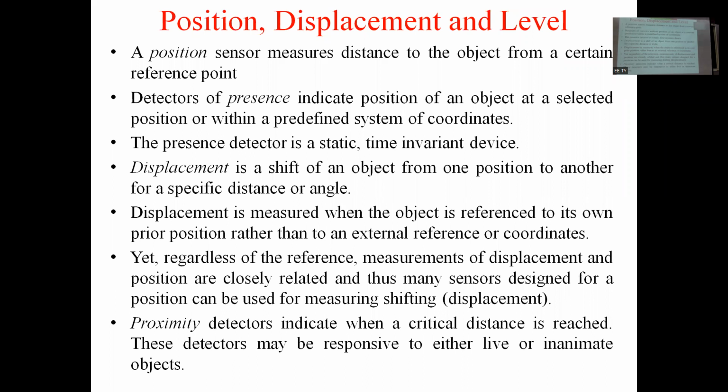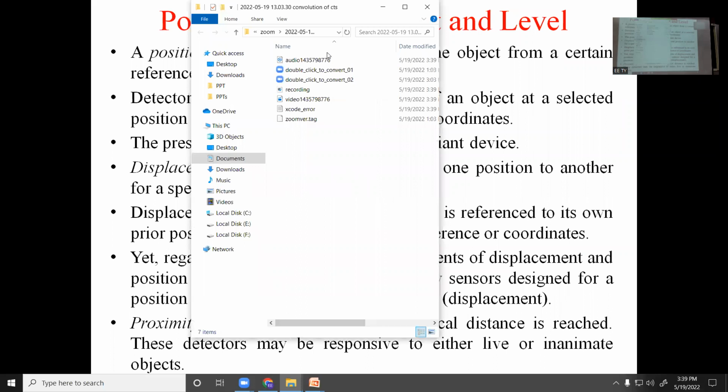And displacement is nothing but there is no reference position. What is the prior position of that object? Suppose the prior position of that object is at position A. This object moves from A to B. The distance from its prior position to its final position is nothing but displacement, and this is measured by using a displacement type of sensor.